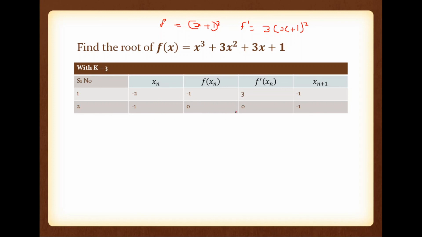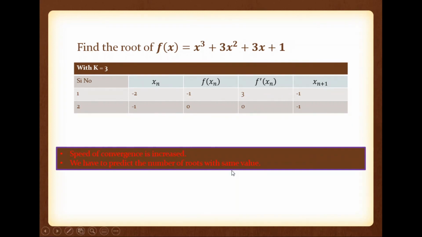If you are writing that condition, then xn plus 1 is minus 1. Okay. So here the root is equal to minus 1. So now you can see that speed of convergence is increased, right?